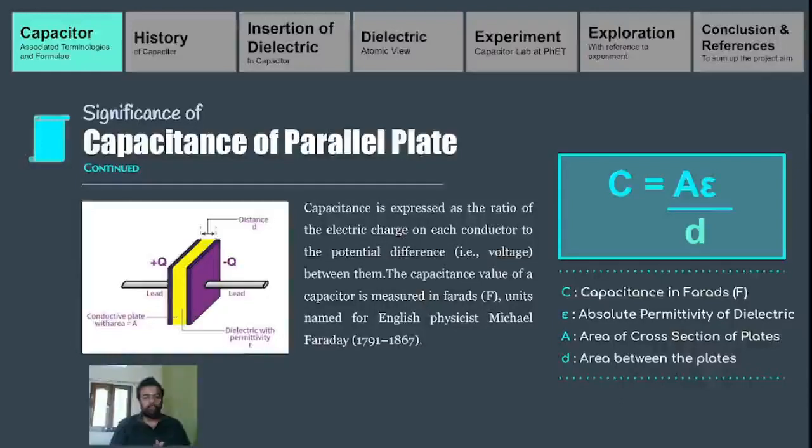We had a rough frame of what a capacitor looks like, and here is a parallel plate capacitor which has two plates kept at some distance D. Both the plates have effective area A, which I will explain later. The charges are of opposite polarities.